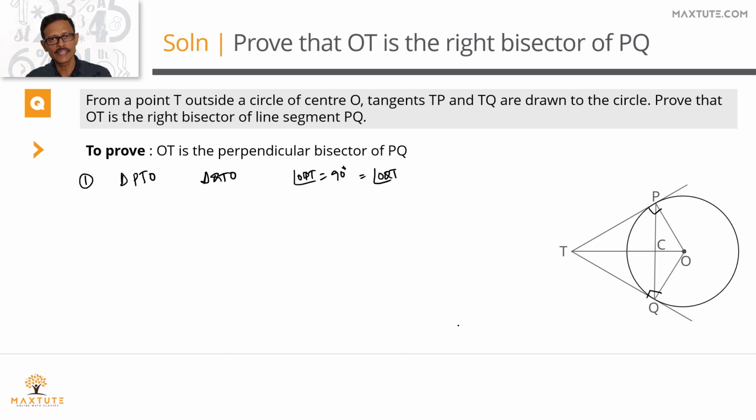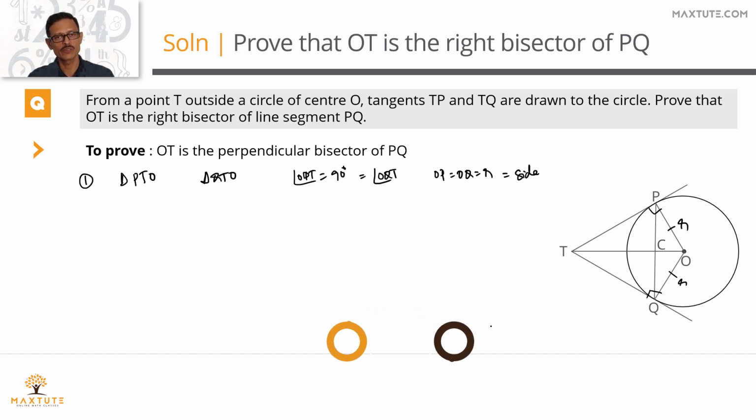In both these triangles PTO and QTO, we've established that each of these triangles has a right angle. OP is equal to OQ because OP and OQ are radii to the circle. So we can establish that OP is equal to OQ is equal to R, which happens to be one side to this right triangle. So we established that these two are right triangles. We've established that one of the perpendicular sides of each of these triangles measures the same.